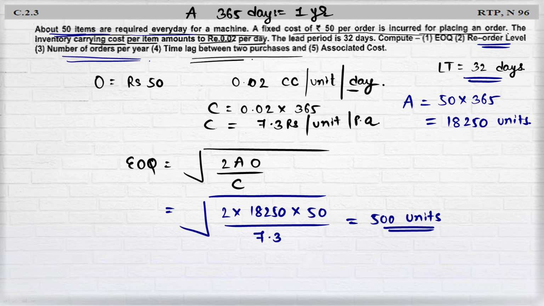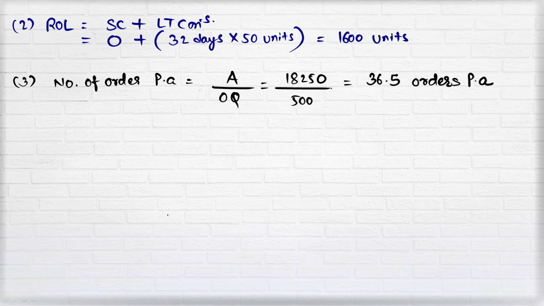Time lag between two purchases. Between two purchases, there will be how much time lag? Between first order and second order, that will be how much time lag? No, there is no ready-made formula for this.